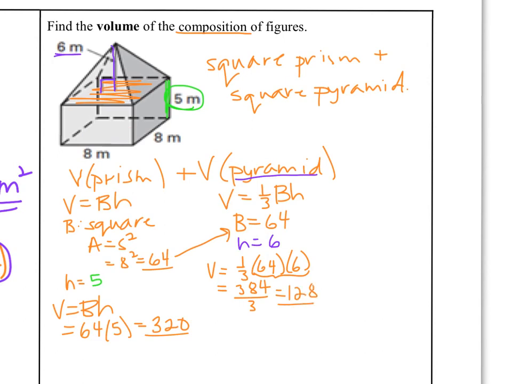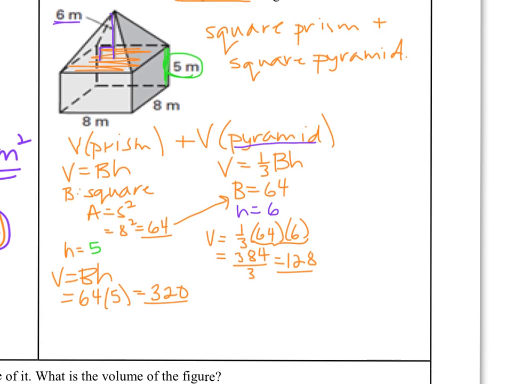Now that we know the individual components of our composition, to find the total volume we're just going to add them together. It's like doing two problems instead of one, and then adding those results. 320 plus 128. The volume of this composition is 448, and our label will be meters cubed.